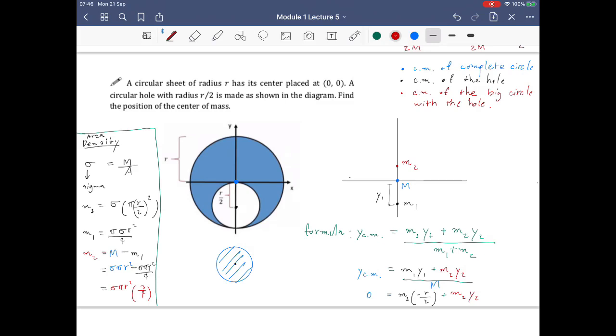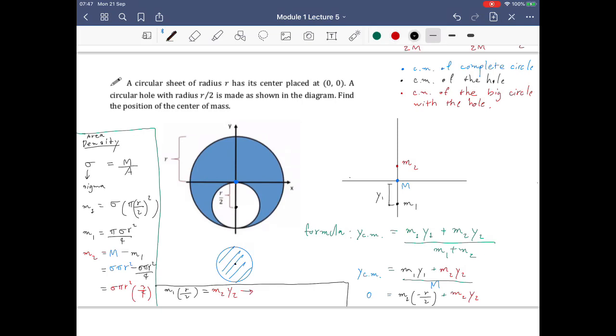Alright, now we put all of this back into the equation. What we have is m1 times r over 2 equals m2 y2.